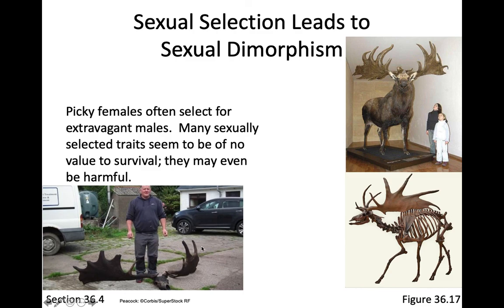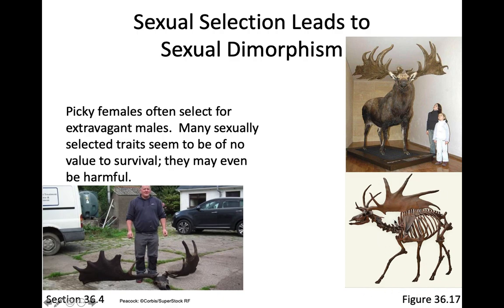Eventually, their antlers got so big that their skulls and skeletons couldn't support them anymore. And the males started to die very, very early. Towards the end of when this species existed, about 15 to 20,000 years ago, their skeletons start to get very weak and very disease-ridden.